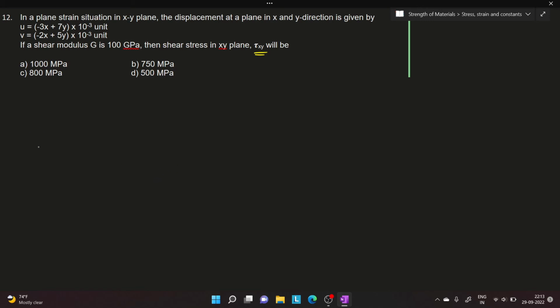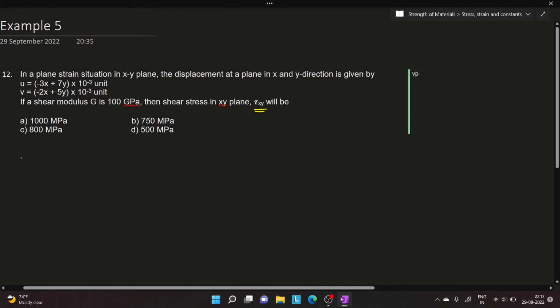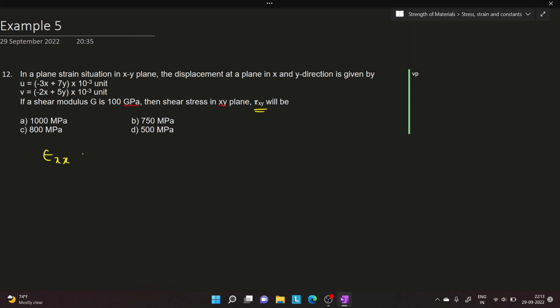So let me just leave some space here and let me write down the formulas involved and then solve the problem. Right, so epsilon xx is going to be del u by del x. So epsilon yy is going to be del v by del y, and epsilon zz is going to be del w by del z.